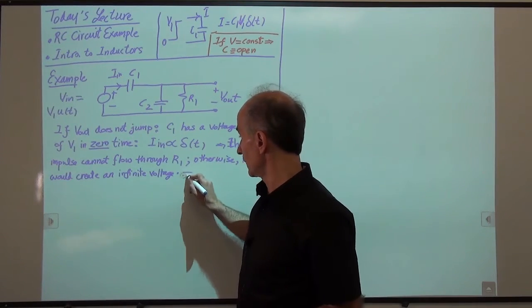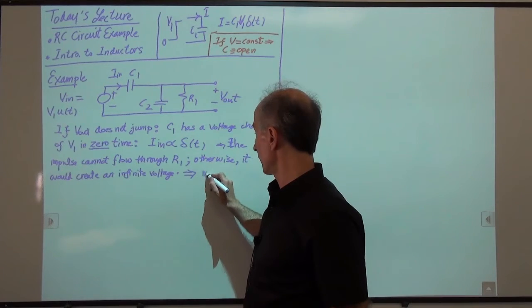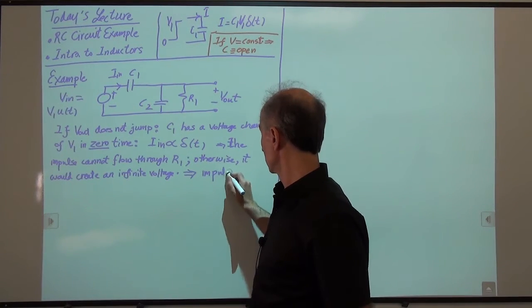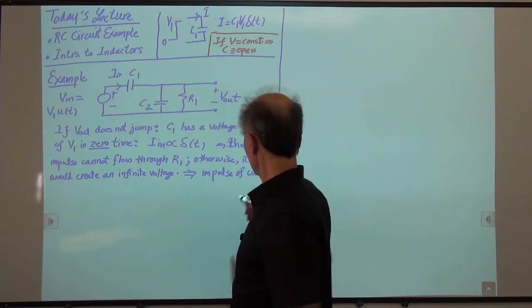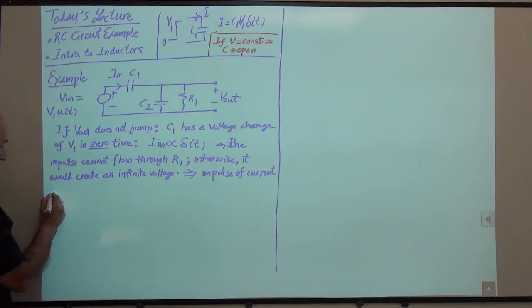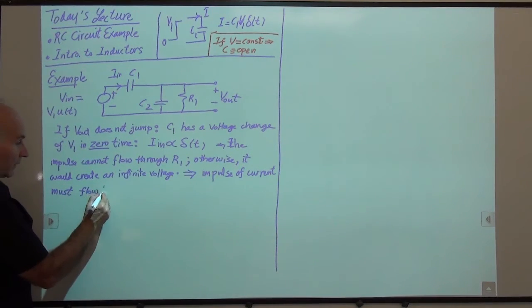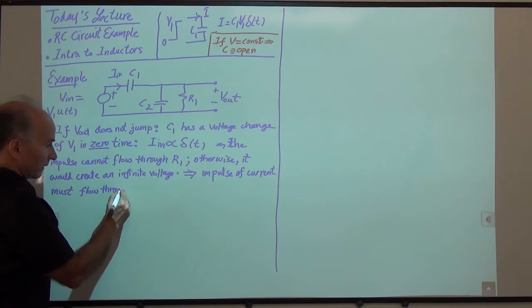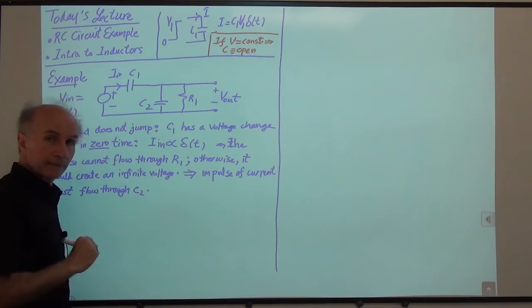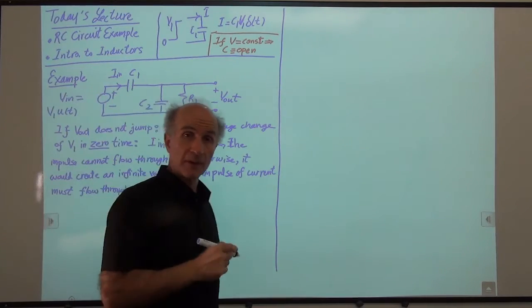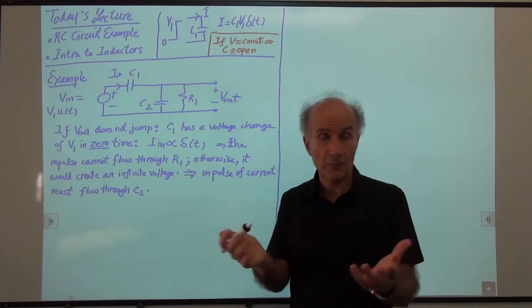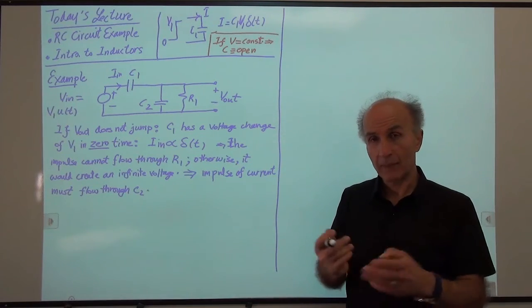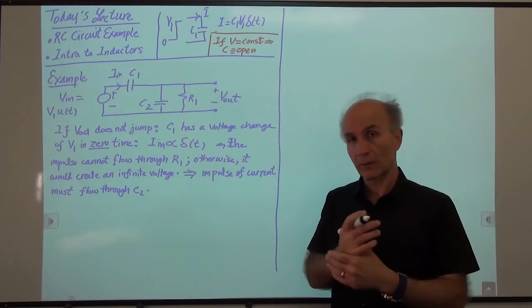So this line of thinking tells us that impulsive current must flow through C2, even though the resistor is there. So right between 0 minus and 0 plus, the resistor doesn't really play any role because the impulse of current that's flowing through C1 also flows through C2.